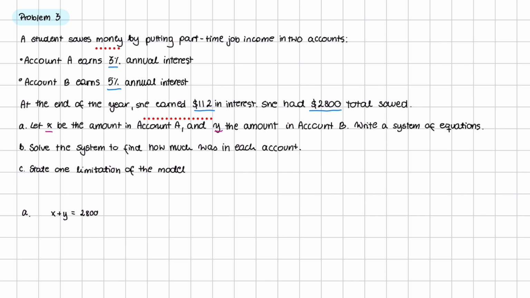So this is our first equation, and the second equation will be with $112 in interest, because this is our interest.